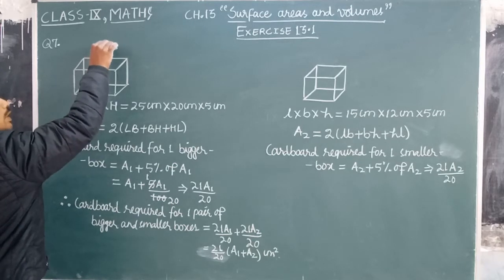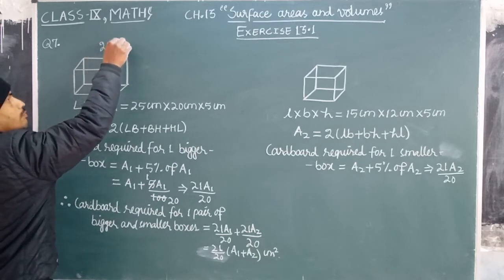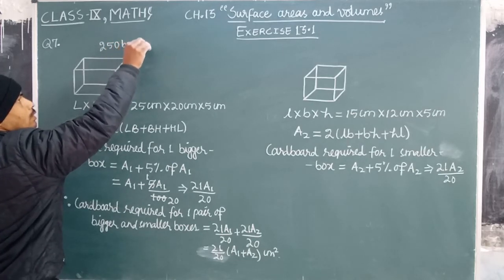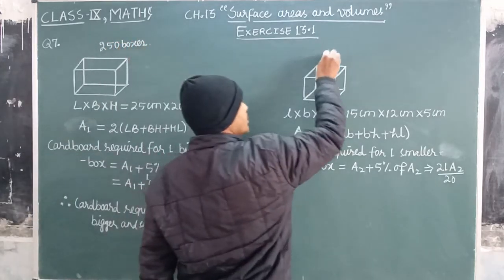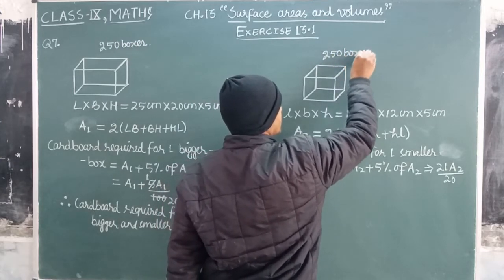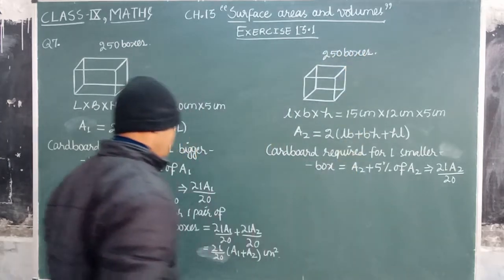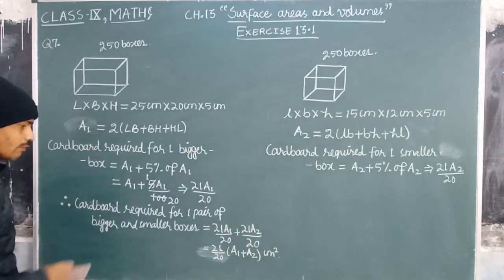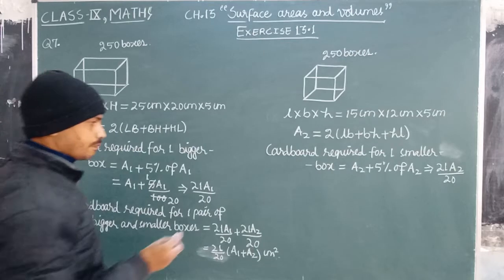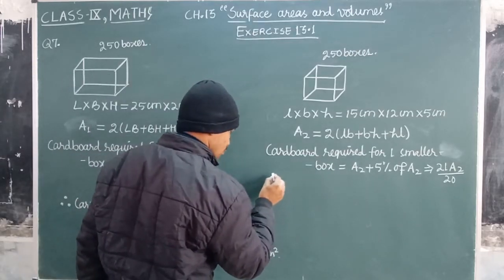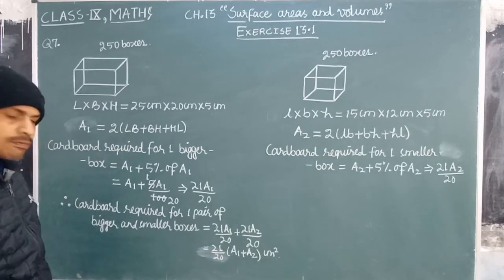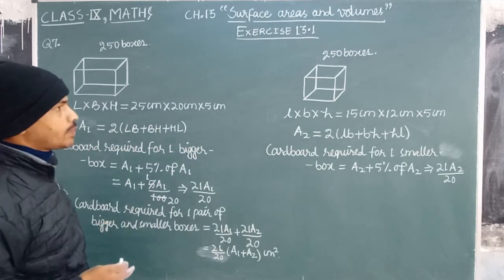We have to supply 250 boxes of each type, 250 bigger boxes and 250 smaller boxes. That's why the total pairs of boxes supplied we have is 250. So we calculate the total square centimeters of the cardboard required for supplying 250 pairs of boxes.